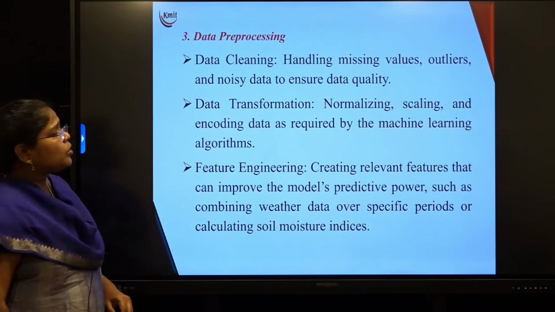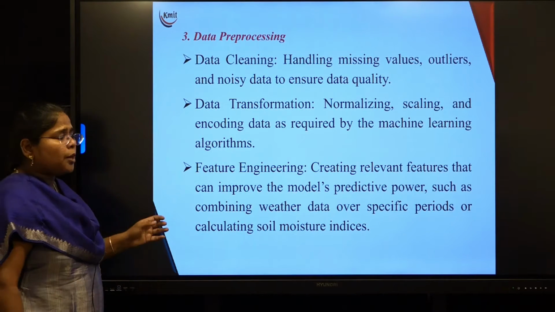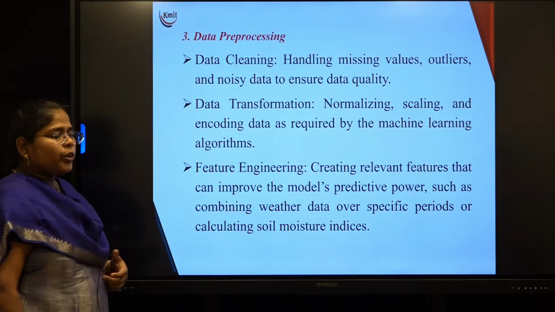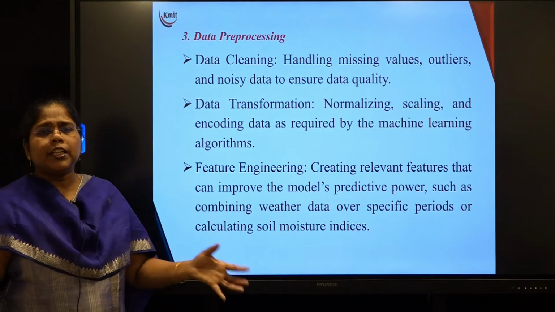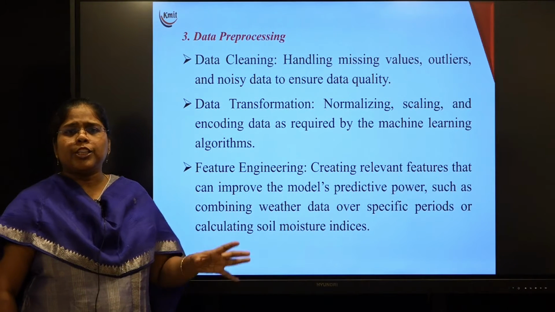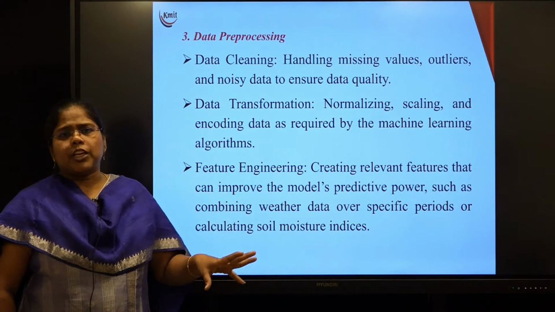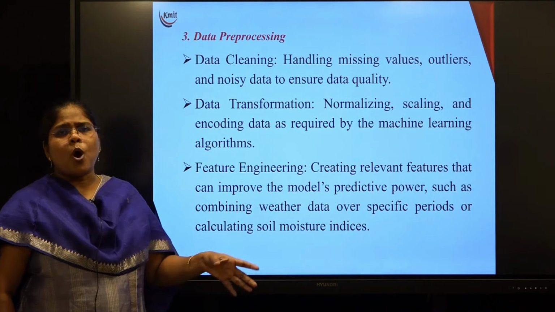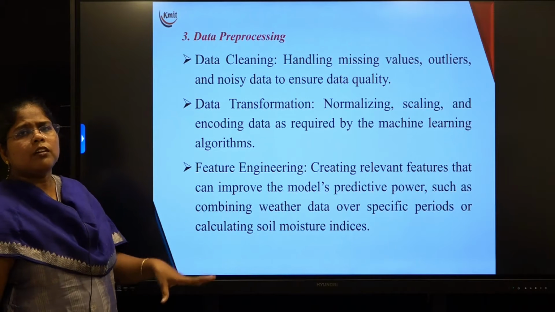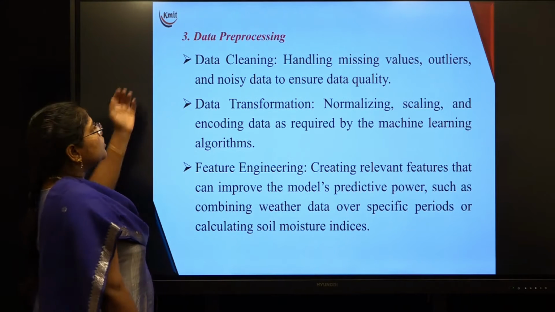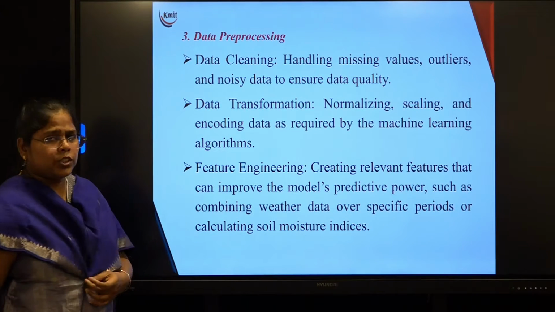Next, coming to data processing, our next step is data processing. We know that, as we studied, once the data is collected, the data is stored in an Excel sheet or CSV file or JSON files. Once the data is stored in the databases, the data can be processed.